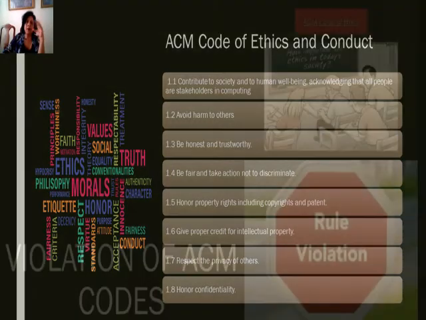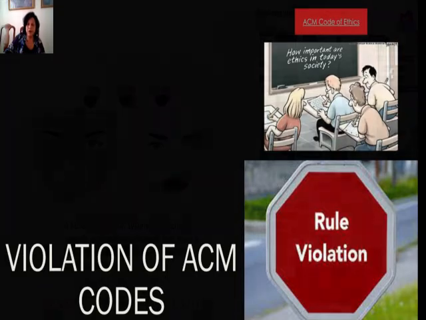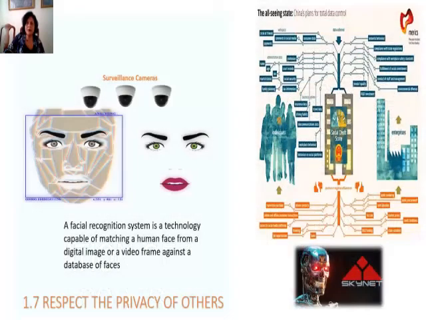However, in today's world, though these directive principles or measures are there, these rules are violated on a daily basis. So let's talk about the clause respecting the privacy of others. We have heard the Chinese government created a mass surveillance system called Skynet.